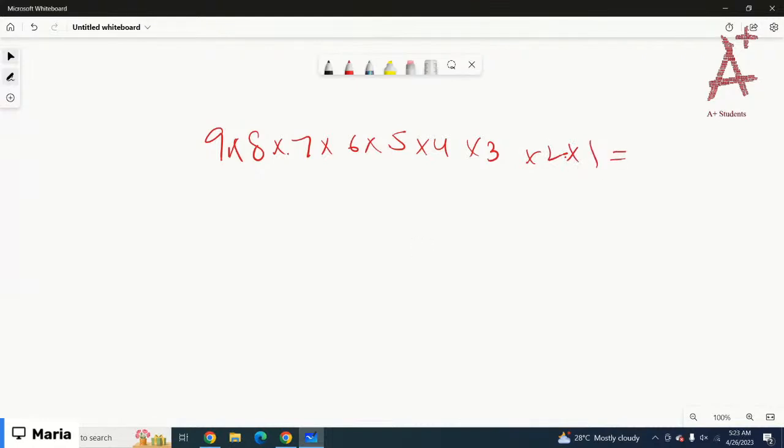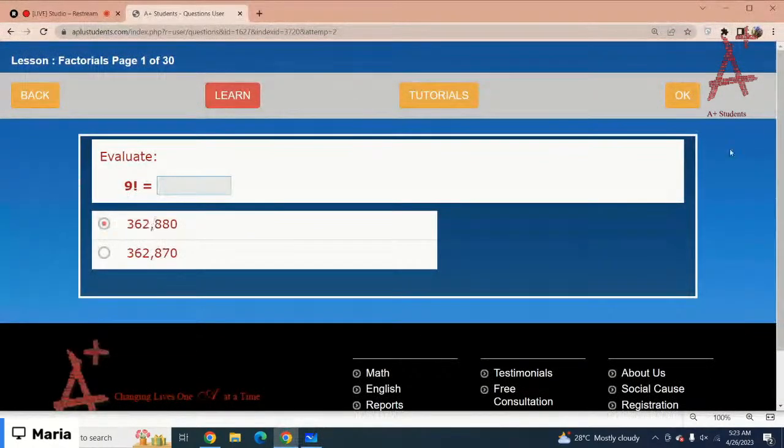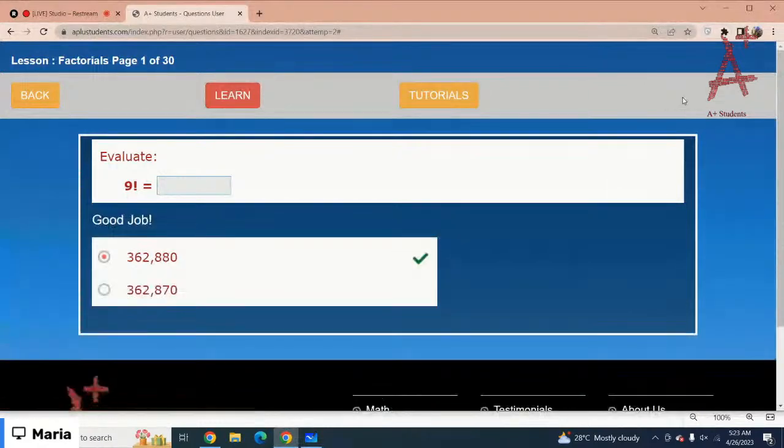That's how you have to calculate 9 factorial. Let me calculate it. 9 times 8 times 7 times 6 times 5 times 4 times 3 times 2. That would be 362,880. That would be option number 1. Got it?